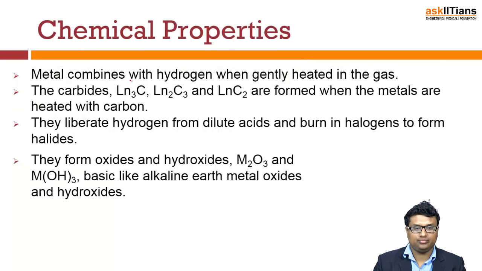Chemical properties. The metals combine with hydrogen when gently heated in the gas. Carbides Ln3C, Ln2C, Ln2C3 and LnC2 are formed when metals are heated with carbon. They liberate hydrogen from dilute acids and burn in halogens to form halides.